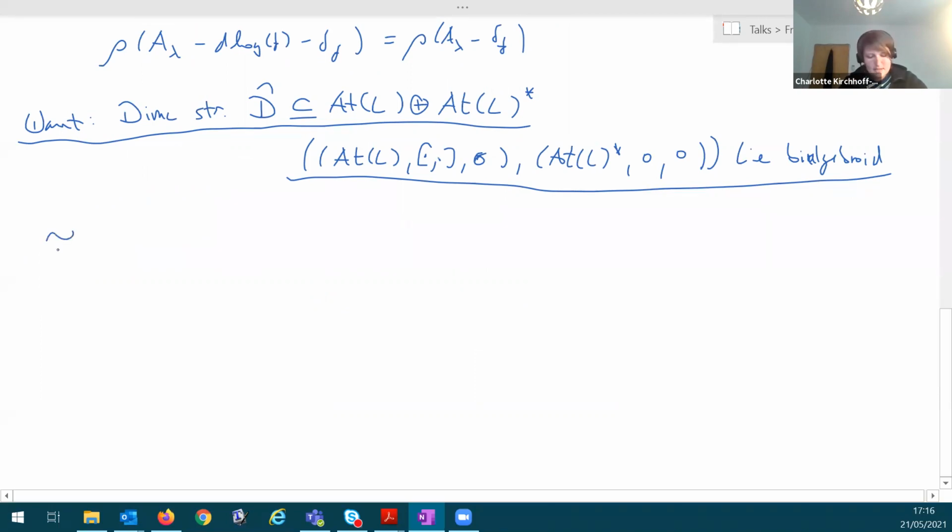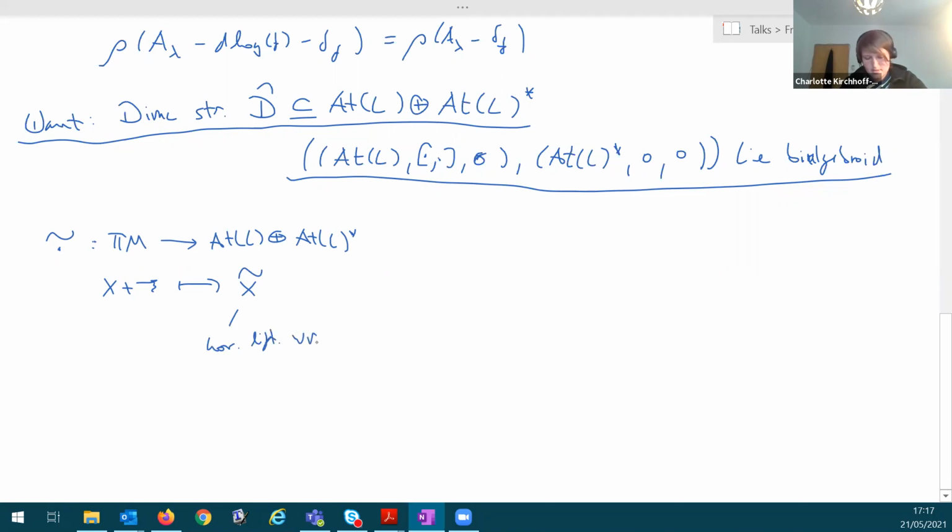So I'm going to define a map tilde, which goes from Tm plus T star m to this new Courant algebroid that maps x plus xi to x tilde, where this is now horizontal lift with respect to the flat Tm connection I had chosen, plus just xi, where note that T star m naturally includes into the dual of the Atiyah algebroid independent of any choice of splitting, so we can just put that in and include it that way.